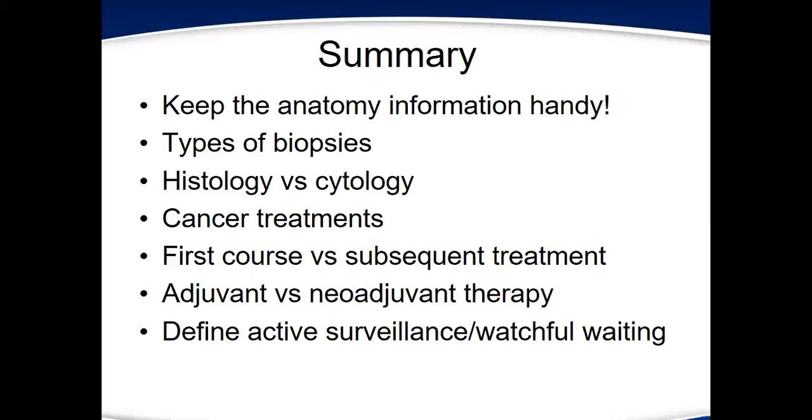And also be able to define active surveillance or watchful waiting, which we will discuss next week, because prostate is the first site that we will discuss, and it is one of the sites that very often has active surveillance or watchful waiting. In fact, for most patients, that is an option from the urologist unless they have an aggressive prostate cancer, okay? So make sure you keep those things handy and in mind.